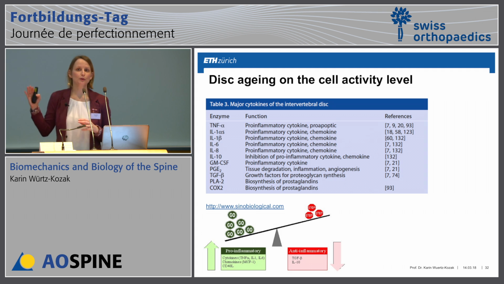And some of these are currently being treated as candidates for new therapeutic approaches, where you would try to either directly inhibit the synthesis of these cytokines or neutralize them in some way. So basically a non-invasive treatment where you would inject something into the disc as a slow release system, hoping that you can reduce the inflammatory cascade and therefore reduce pain development without needing a surgery, or at least being able to postpone the surgical approach.